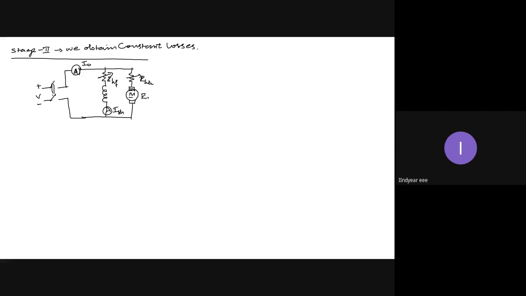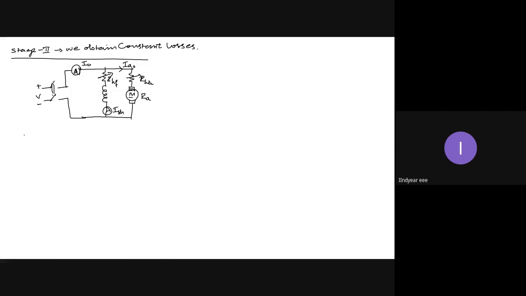Here it is RA. Now this is the circuit connection. The armature current is, say, IA naught. Subscript 0 or O indicates the no load value.